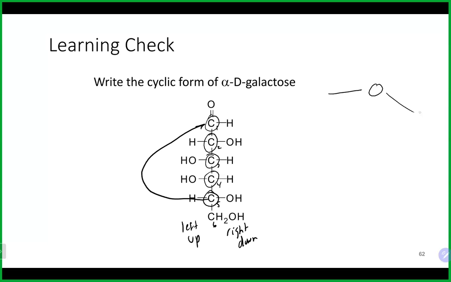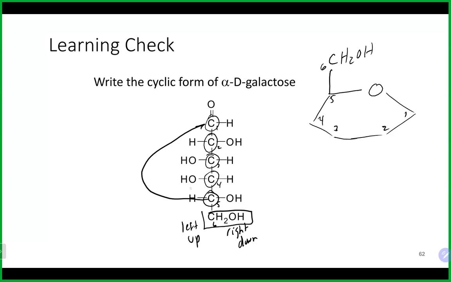So we know that we should have a creatively drawn ring right there. We know again that our carbon number 6 there will end up to the left of that oxygen above the ring. That is then going to give us our 5, 4, 3, 2, and 1. In this case, we're going to start at carbon number 4.